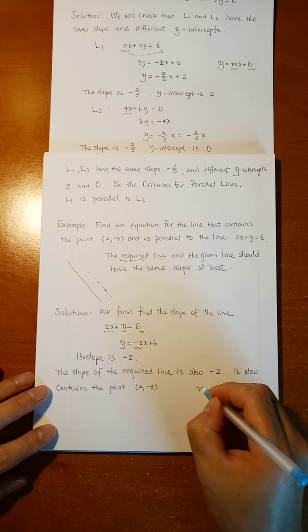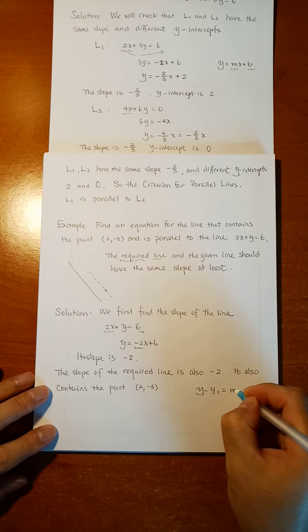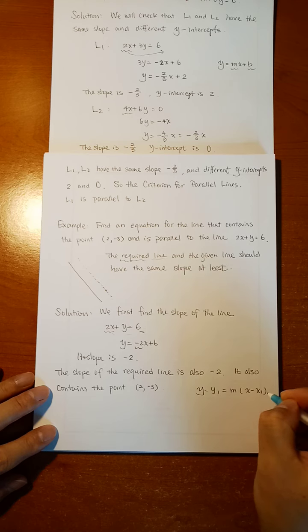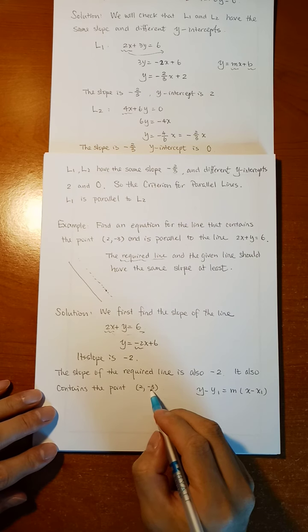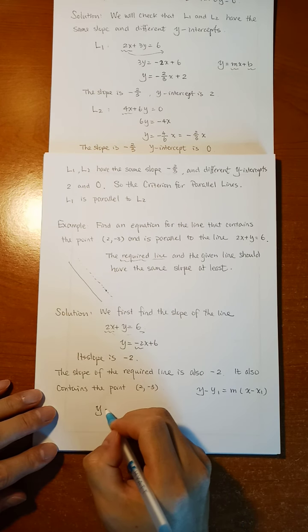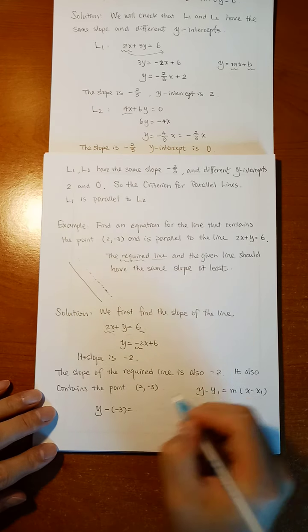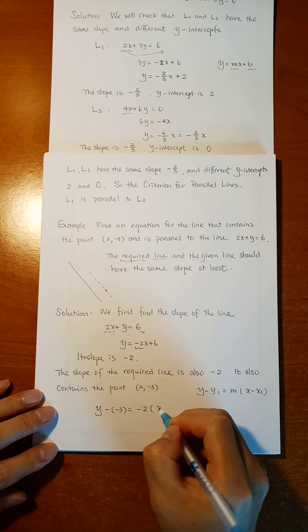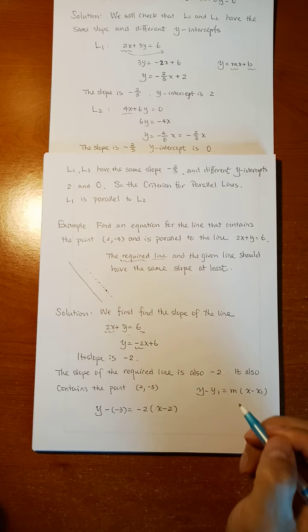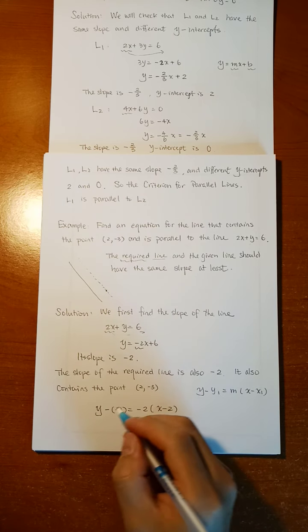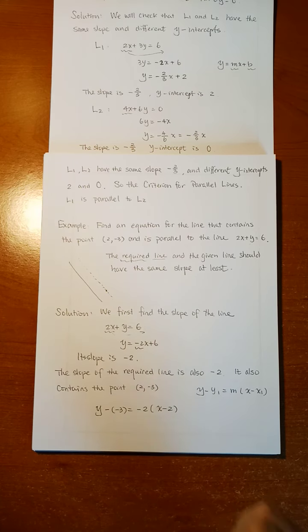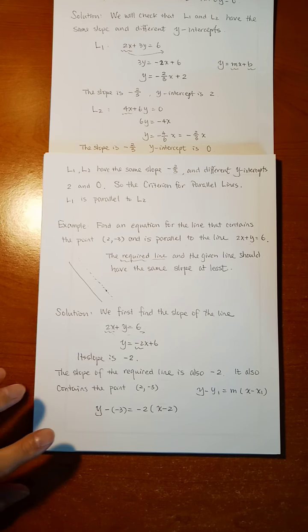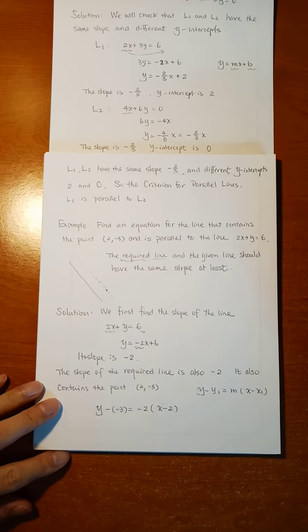What is the point-slope form? y minus y1 is equal to m times x minus x1. So y1 is negative 3, so you get y minus negative 3 is equal to slope negative 2 times x minus x1, which is 2. So this is the equation of the required line.